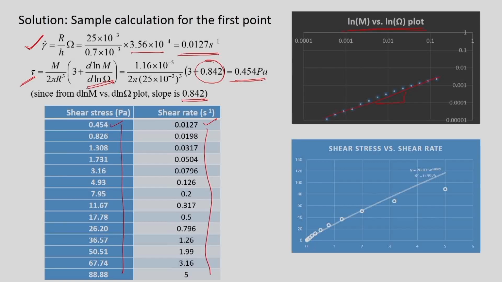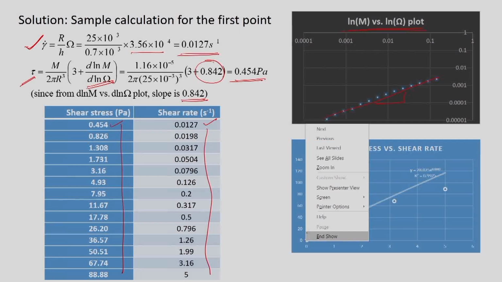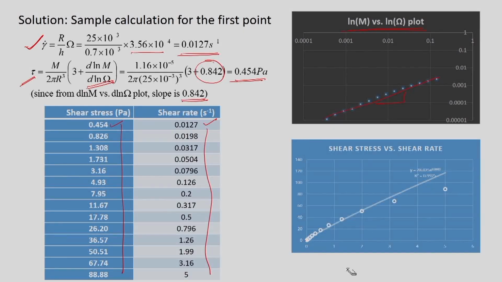Then you can see this passes through the origin, so it is not showing any yield stress as in the two previous example problems, and it is showing weakly shear thinning behavior with n equal to 0.8889 and m equal to 28.025 Pascal second to the power n. So, it is a shear thinning fluid.